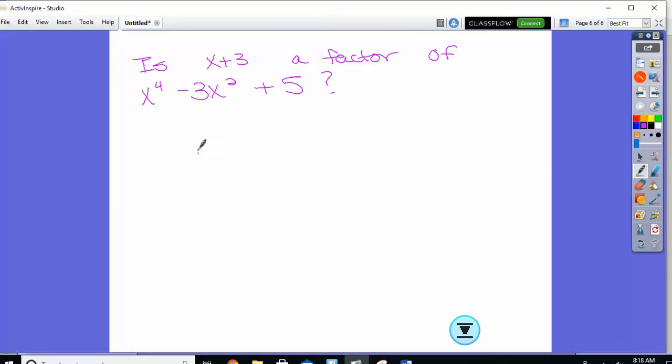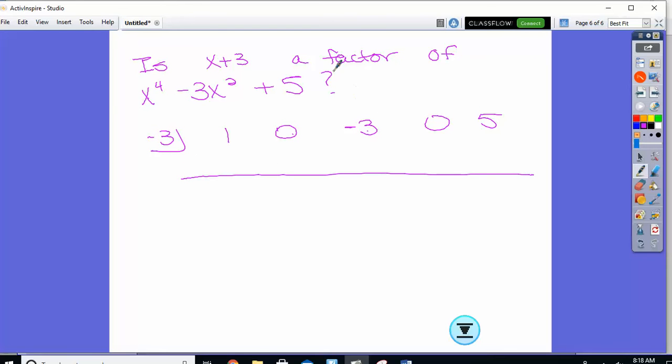What number would go in the box? Negative 3. What would I put for my coefficients? Wait, why is 0 there again? Yeah, we have 1x to the 4th. We don't have an x cubed, so 0x cubed. And negative 3x squared, I don't have an x, so a 0x. Oh, so you're just adding the 0 for the exponent. Yeah. So you could either do synthetic and just look at this, or all we really need is the remainder.